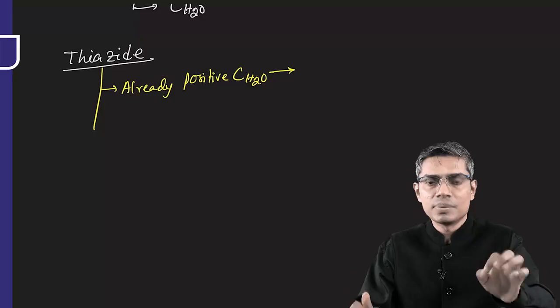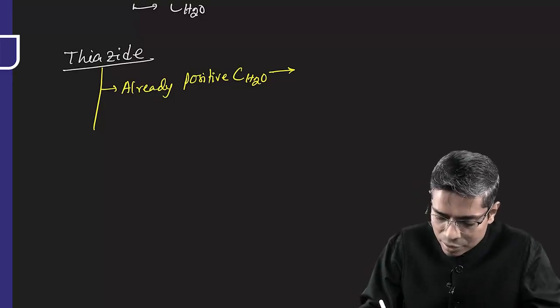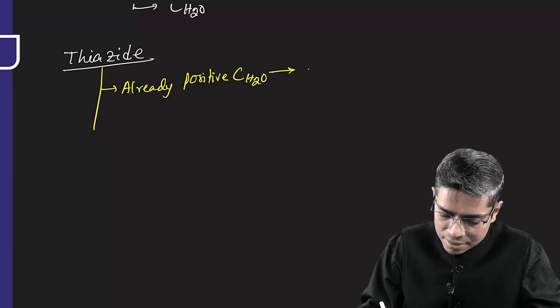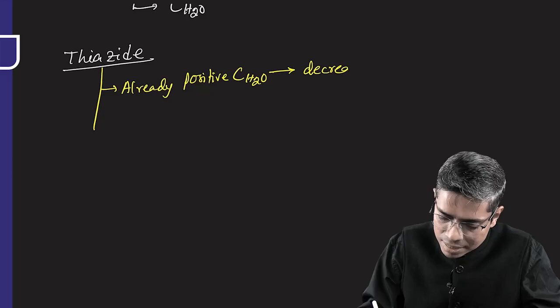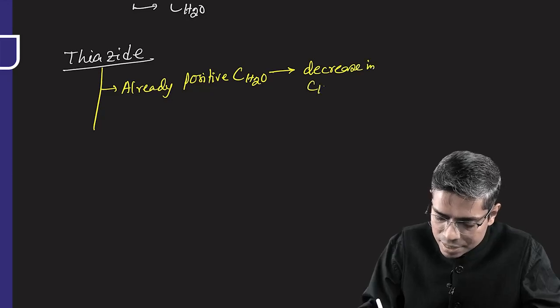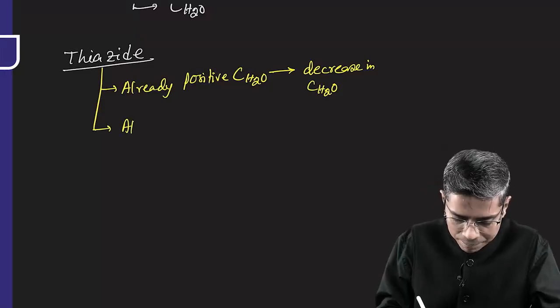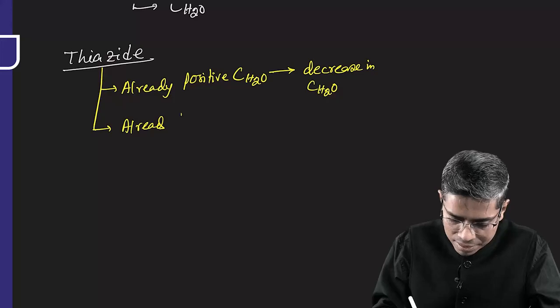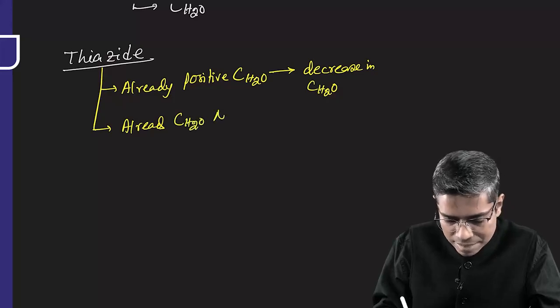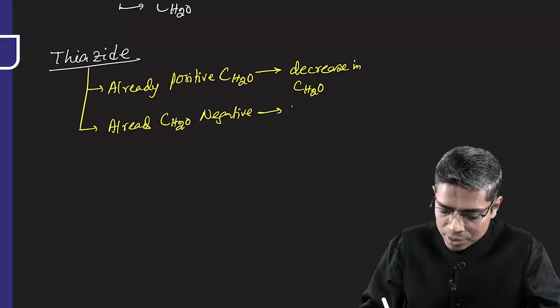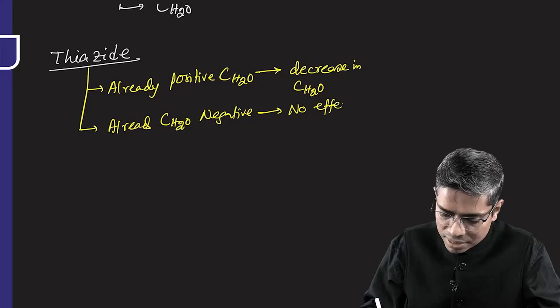In this person, if you give thiazide, then there will be a decrease in free water clearance. Thiazide will cause a decrease in CH2O in this patient. But if CH2O is already negative, then there will be no effect of thiazide diuretic therapy in this patient.